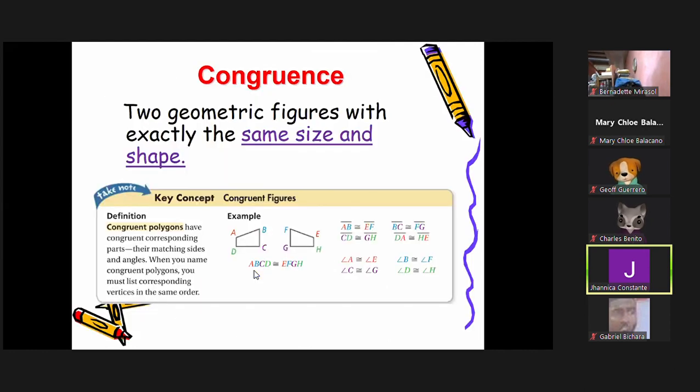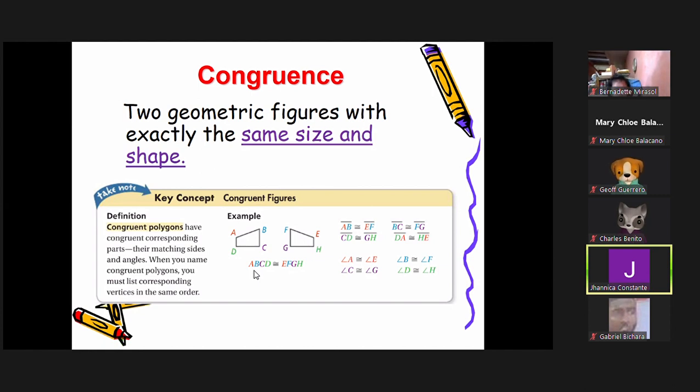So when we say congruence, of course, that is two geometric figures with exactly the same size and the same shape. That is the basic definition of congruence when it comes to geometry. They are congruent if the measurement of the size is the same and the shape is also the same.